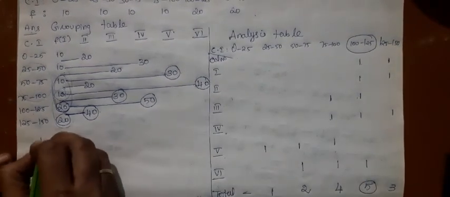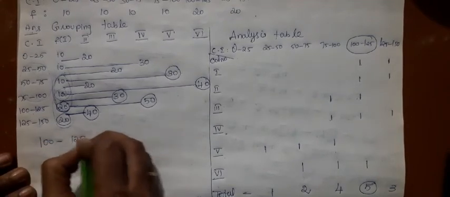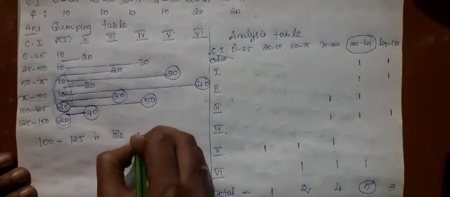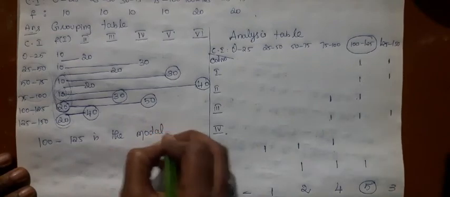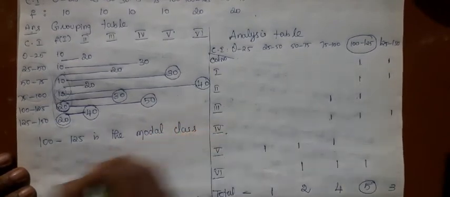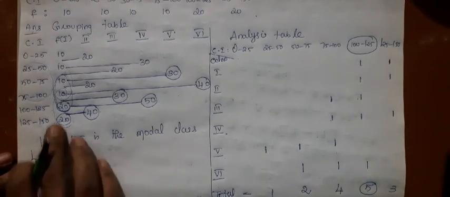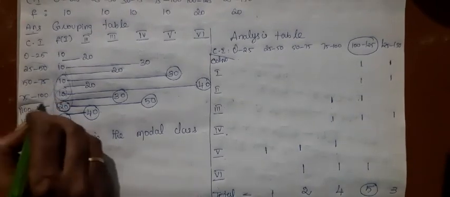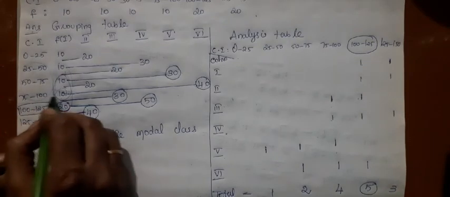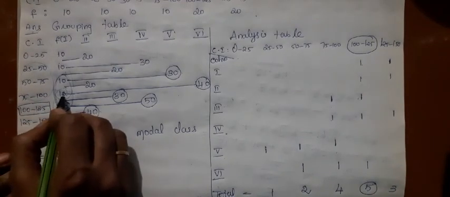So let us write 100 to 125 is the modal class. The lower limit of this class is 100. Now in this table, highlight this 100 to 125. The frequency of the pre-modal class is 10. This is F0.